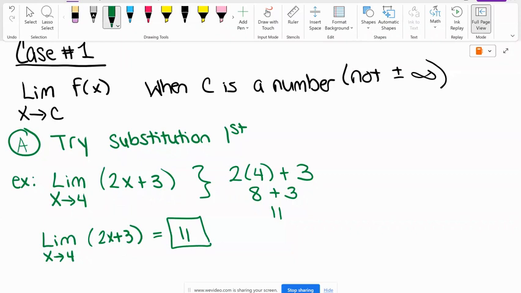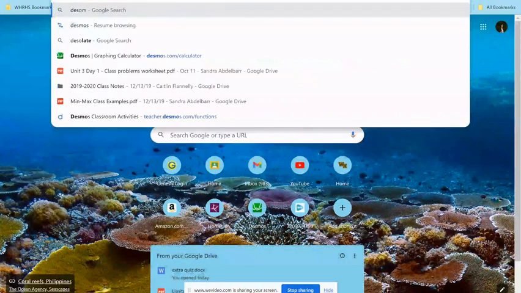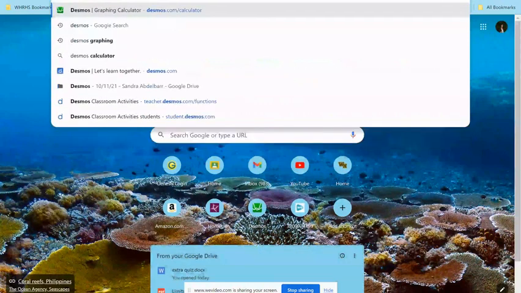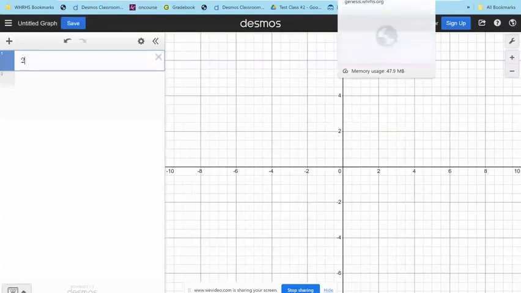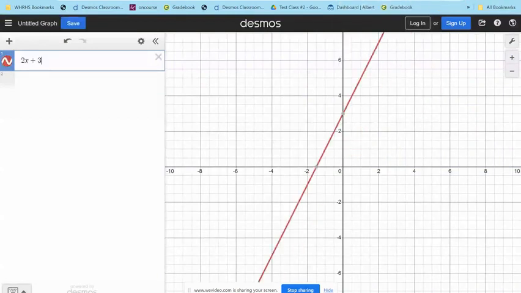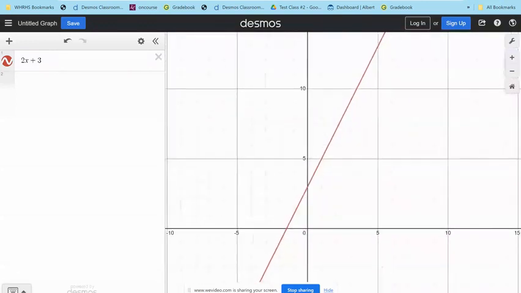And I want to show you on Desmos once you're done copying this. You have it? 2x plus 3. Okay, so what were we approaching? 4?